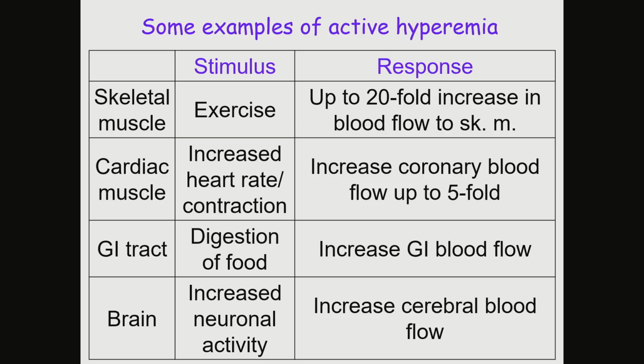This is up to 5-fold, not quite as much as skeletal muscle. Digesting your food takes a lot of energy, so after I have eaten a meal, I'm going to have more blood flowing to my GI tract than maybe to the rest of my body. And when you're thinking really hard, you can increase cerebral blood flow.